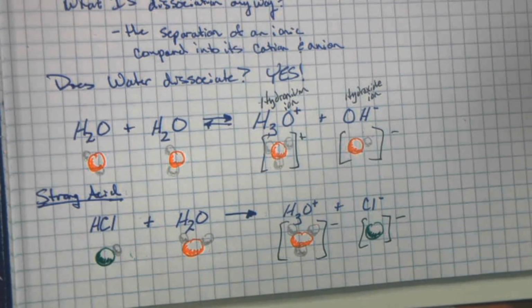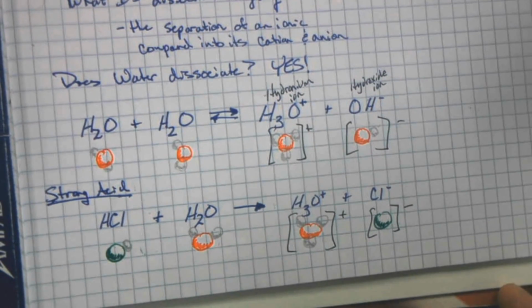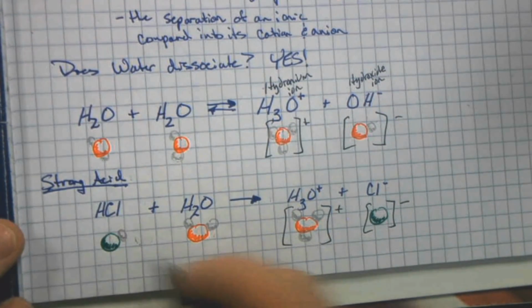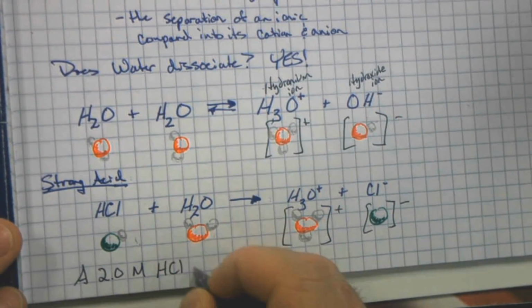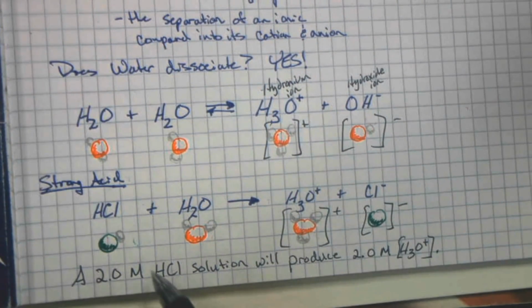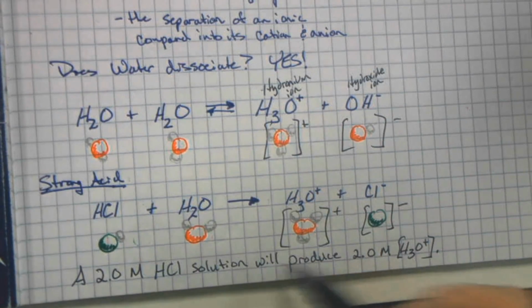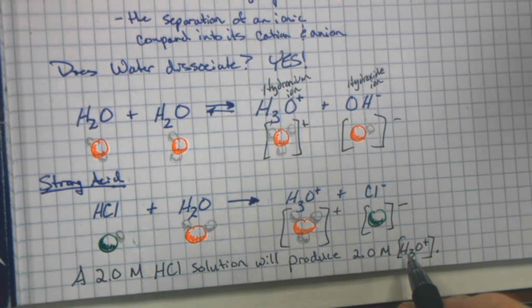Okay, so this next statement we're going to write down is the practical application to this. All right, and it's this statement. A 2.0 molar hydrogen chloride solution will produce a 2.0 molar hydronium ion concentration.